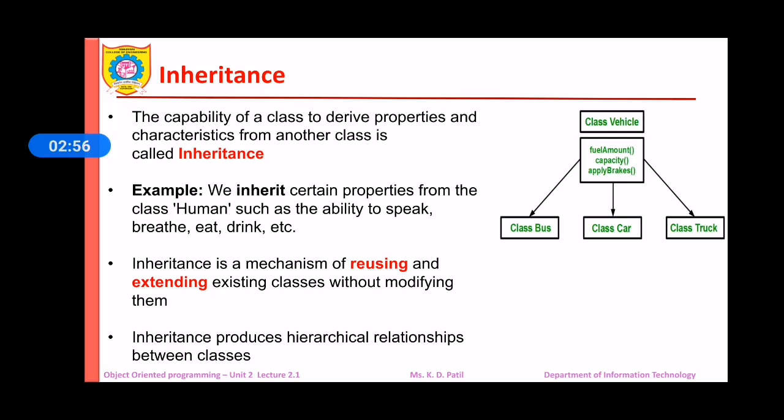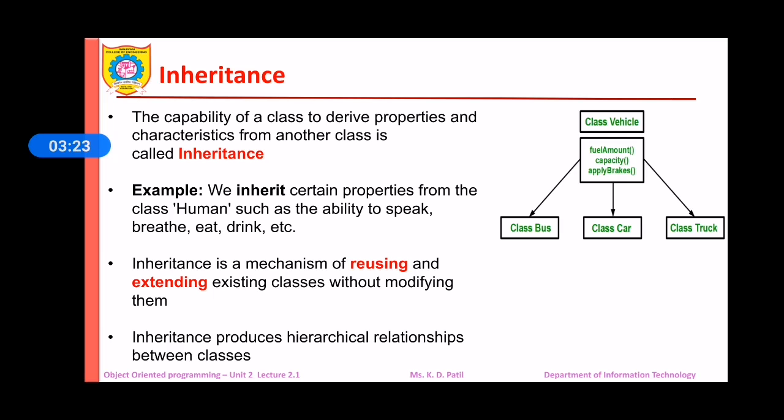Now here, what has car class done? Car class has extended the class vehicle by adding one more property, that is the number of wheels property, but that car class has not modified the existing properties of class vehicle, that is fuel amount, capacity and apply brakes.